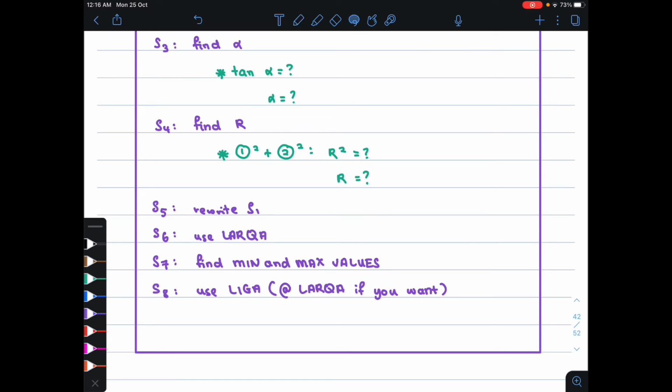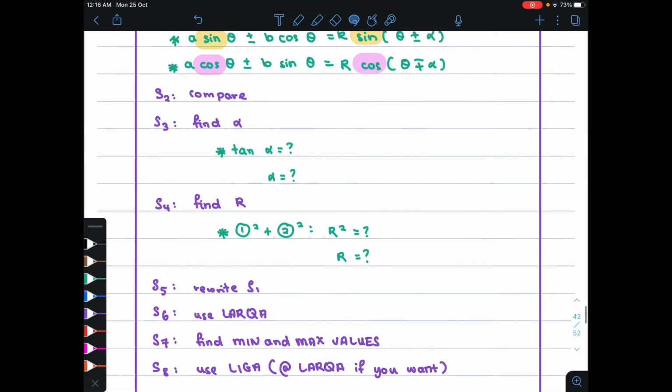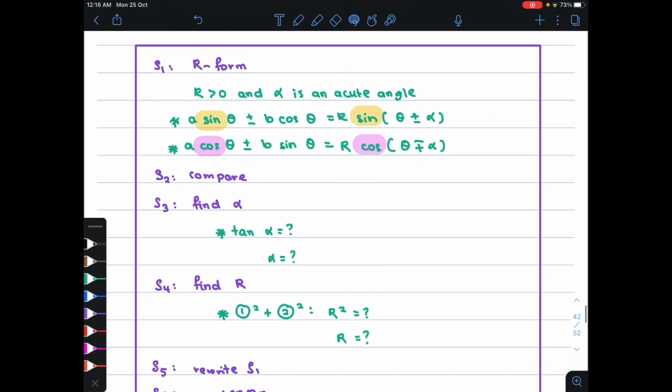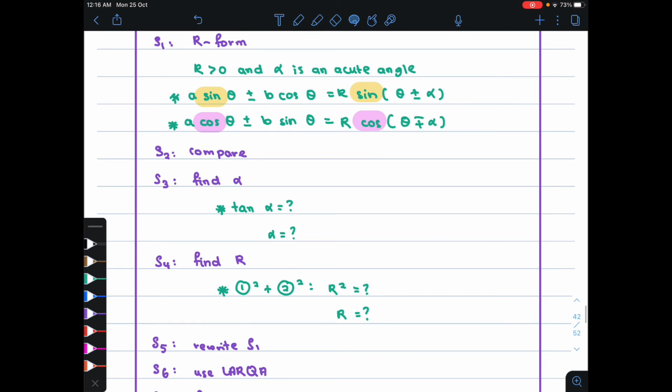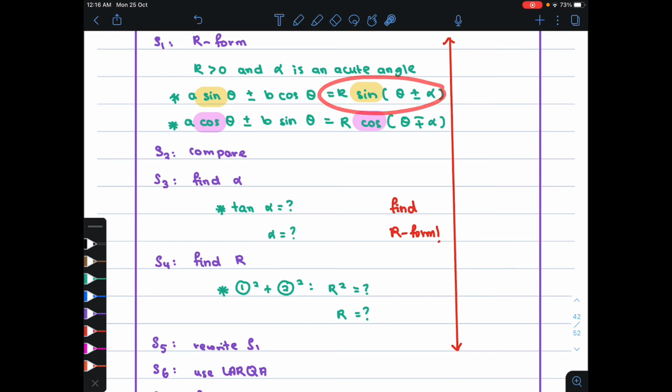So you can see that there are many steps for R form, but basically, step 1 until step 5 is about finding that R form, whether it is R sin theta plus minus alpha or R cos theta plus minus alpha. So that's from step 1 until step 5.